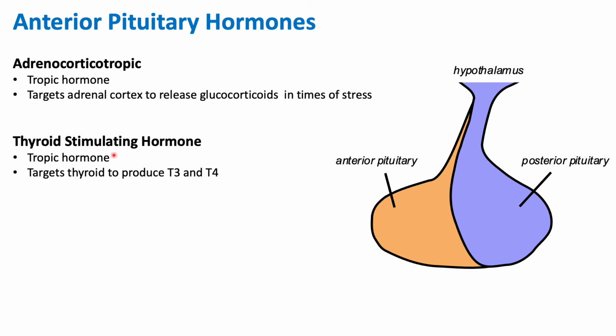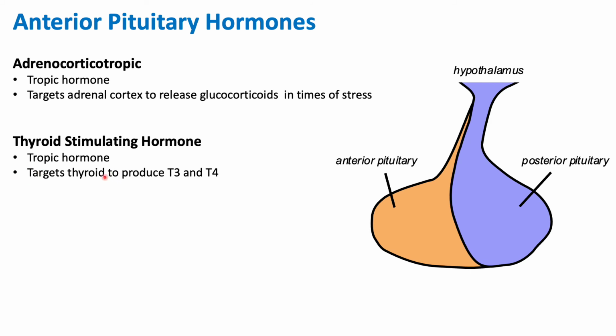Now, we also have thyroid stimulating hormone. Remember that it will be produced by the anterior pituitary when the hypothalamus produces thyrotropin releasing hormone, which will travel through the hypophyseal portal system and then enter the anterior pituitary, which will cause the release of thyroid stimulating hormone.